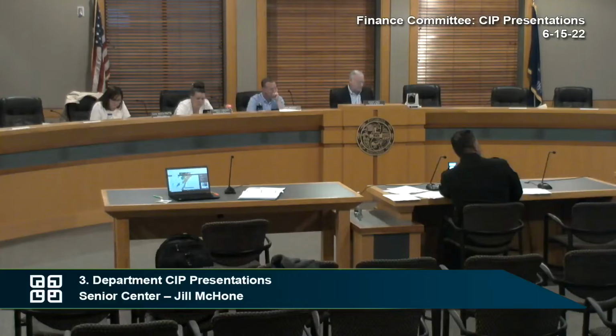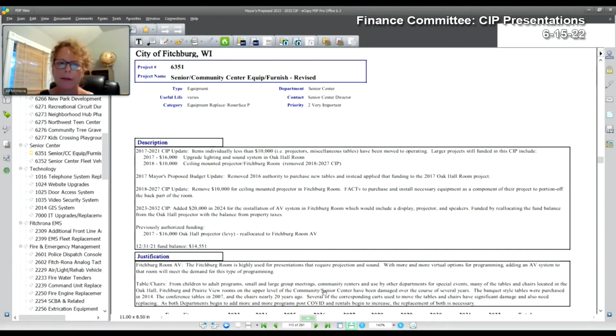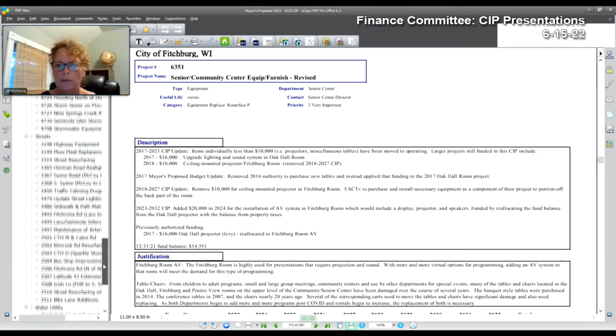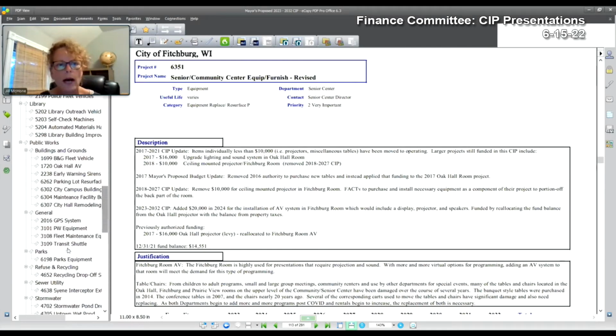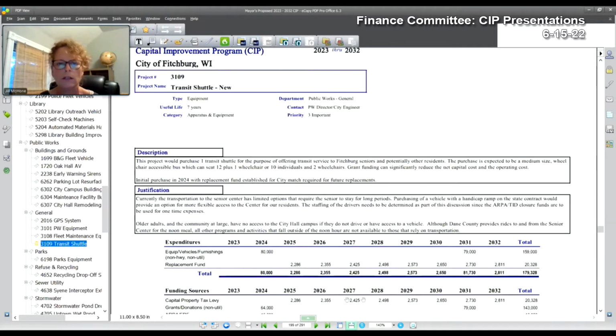Okay, very good. Would it be okay if, and Misty, you can correct me, I just wanted to make a comment about the transportation. I had let Misty know it gets a little dicey when I put stuff in that sometimes goes under different departments. So I know both Andrew and I put in for transportation and that, you know, the shuttle and the purchase of a bus, we've been working pretty closely together.